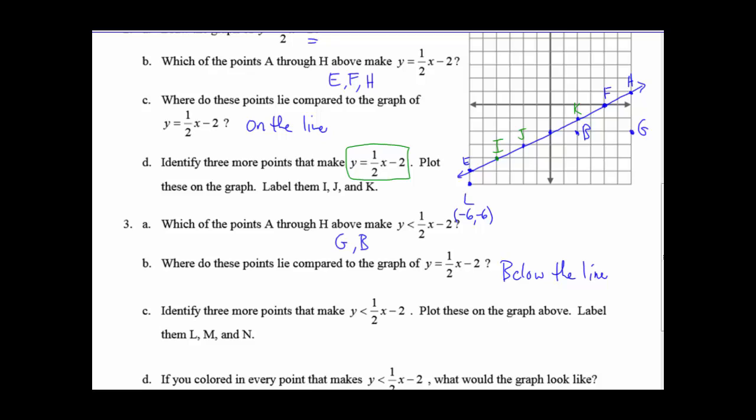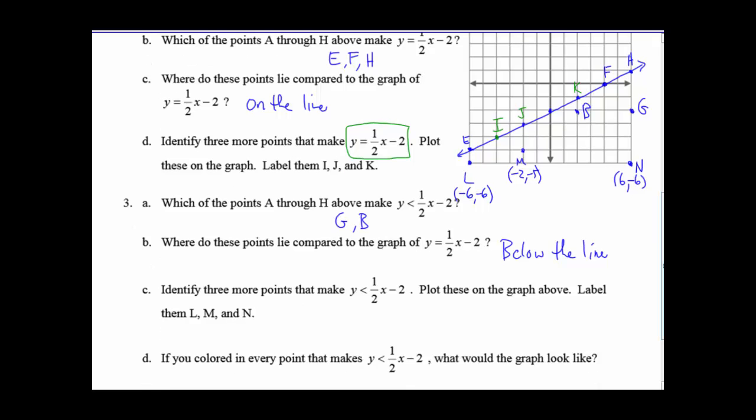We could do M, right here, at negative 2, negative 5. And one more, way over here in this corner, let's call this N at positive 6, negative 6. So all 3 of those are below the line.